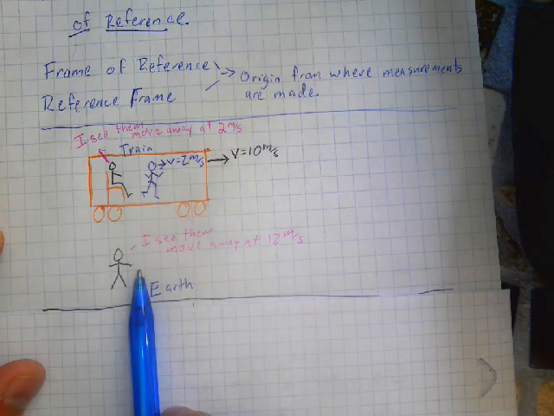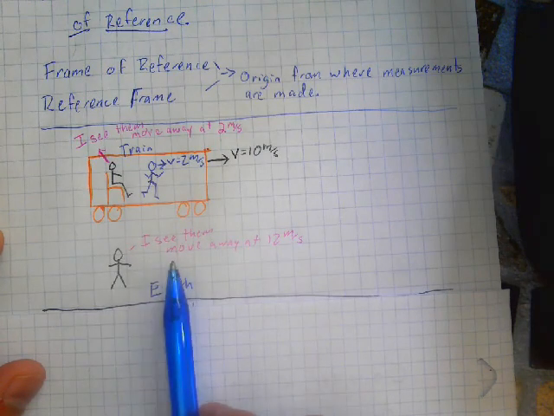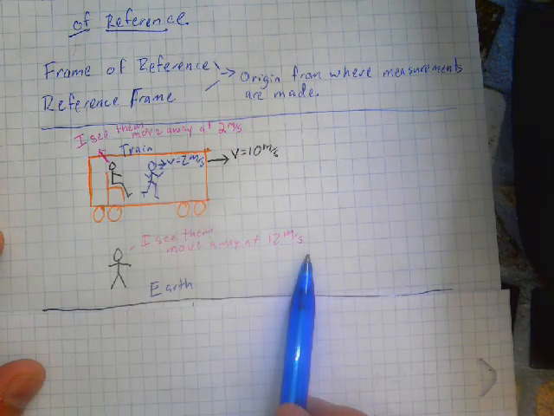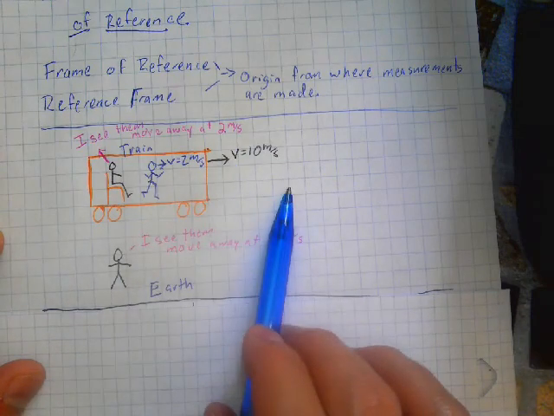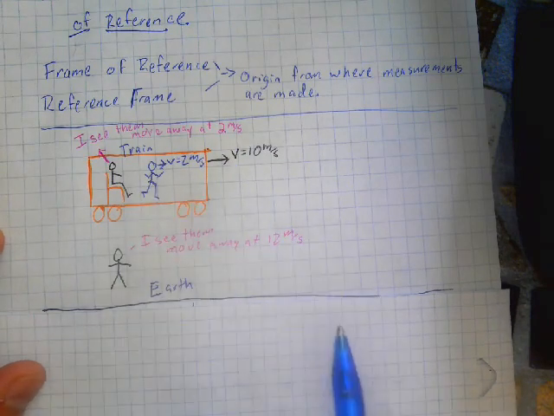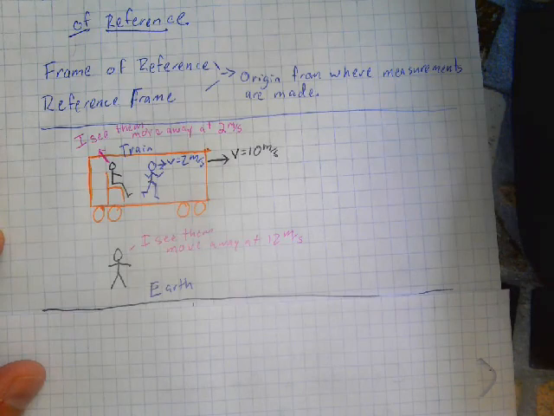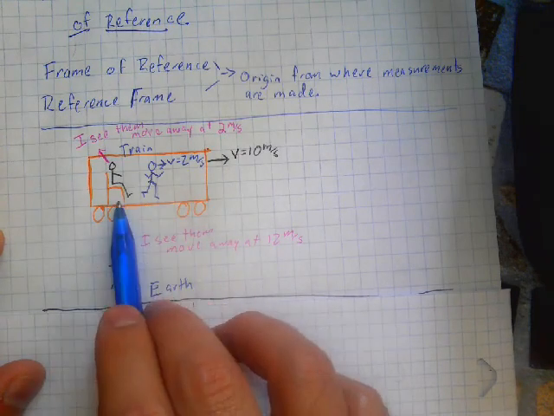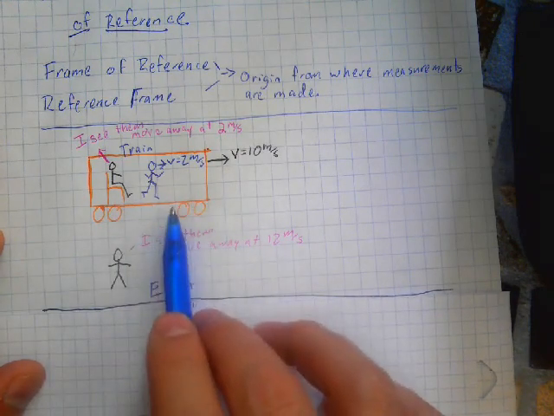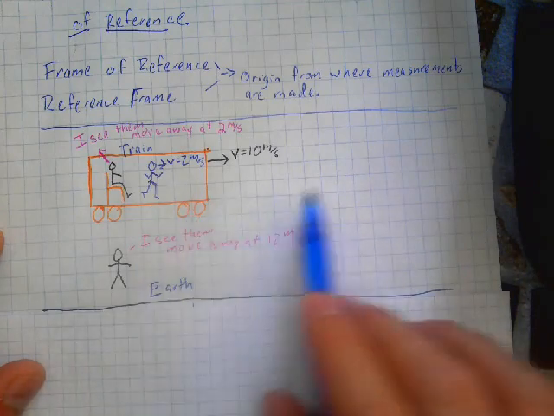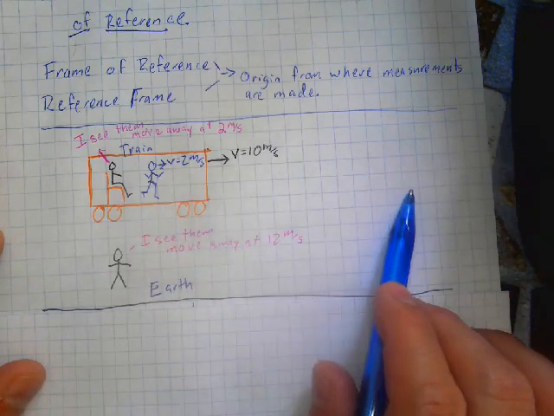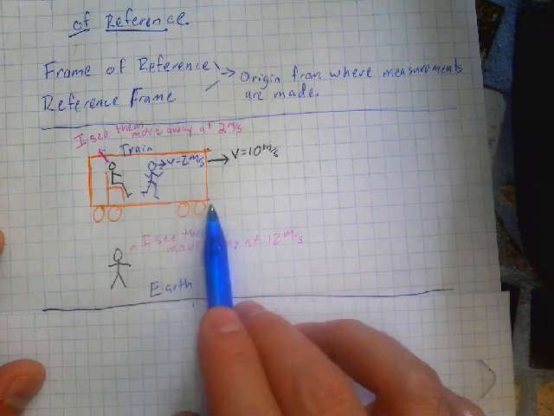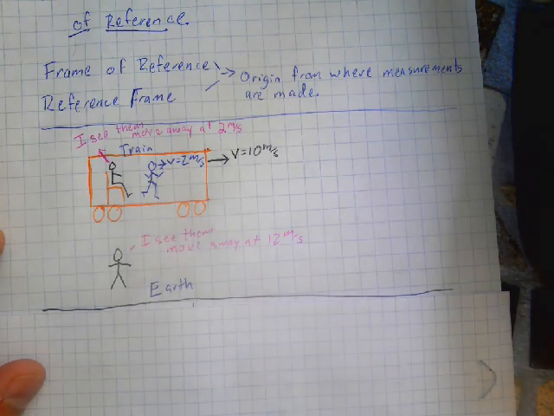This person alongside the track would say, I see them move away from me at 12 meters per second, because the train itself is moving 10. This person's walking an additional 2 meters per second on the train, so they would go away 12 meters each second. If this person changed direction and walked the other way, then instead of going 12 meters per second down the track, they'd be going 10 minus 2, so they'd only go 8 meters per second down the track.